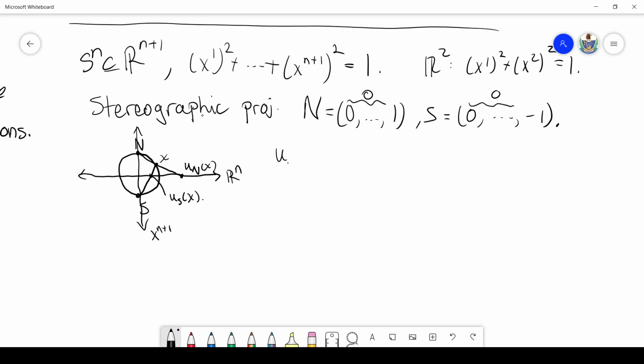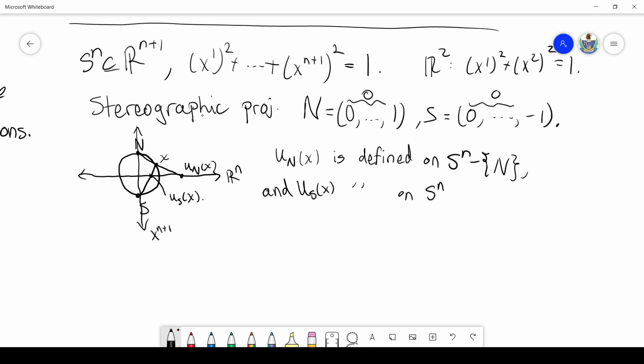So essentially un of x is defined on Sn minus the point N, and us of x is defined on Sn minus the south pole. So we have 2 charts. These are our 2 charts on Sn.